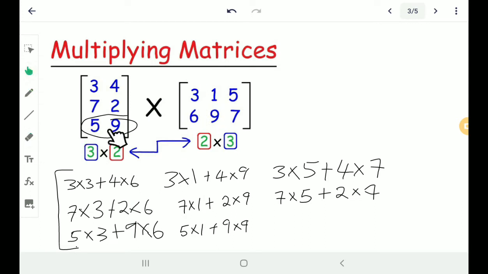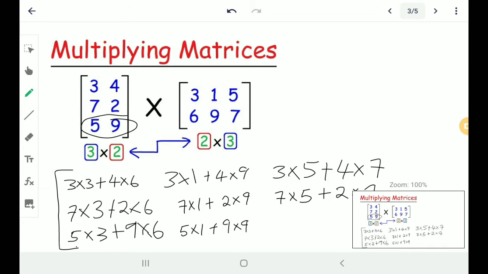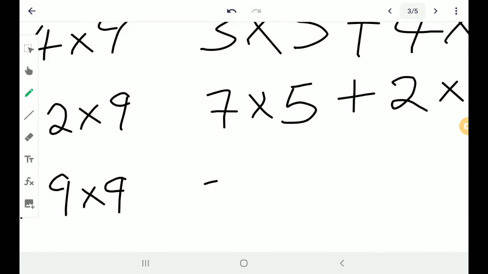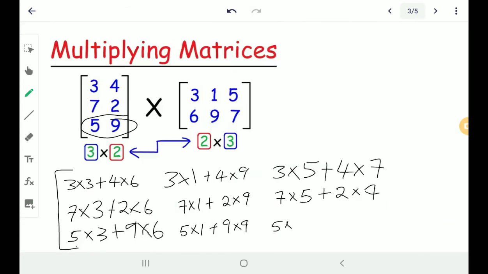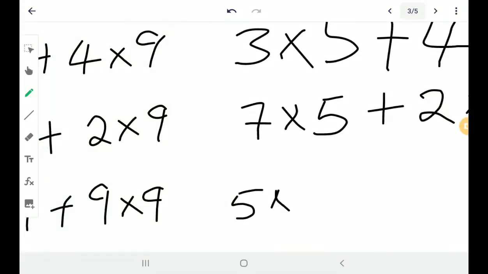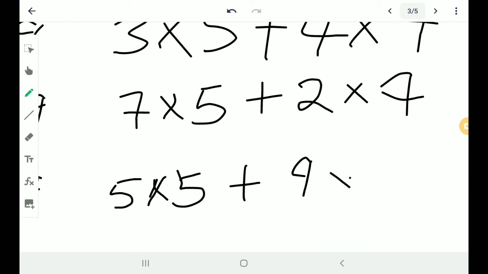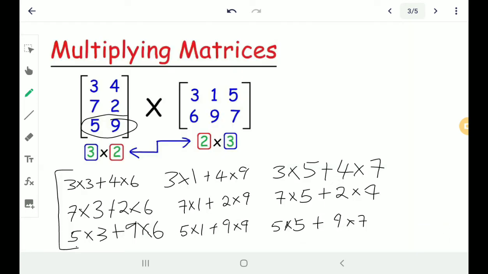So it's the same third row, but now we're going to go to the third row times the third column. So we would end up with 5 times 5 plus 9 times 7. And there we have it.